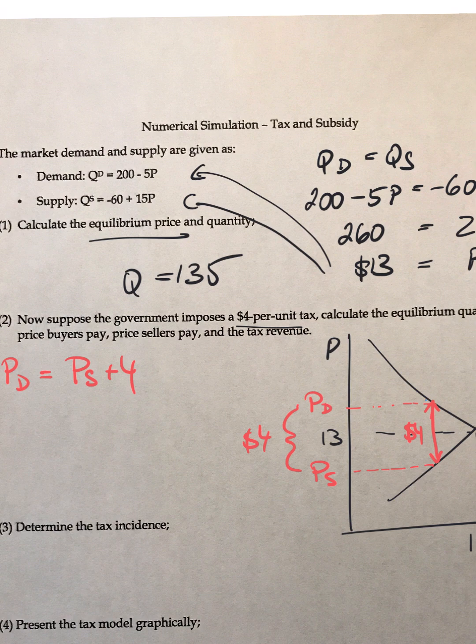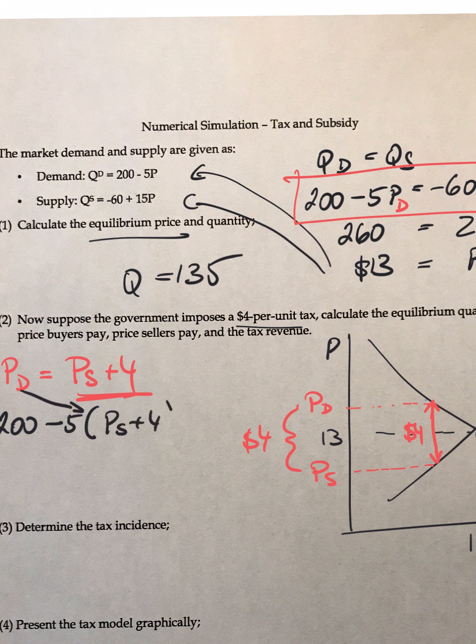So for me now, I'm going to plug this into these two equations. But for the price on the demand, I'm going to plug in PS plus 4. So I'm going to get 200 minus 5, but now I'm plugging in the demand price, so it's the supply plus $4, equals negative 60 plus 15p.